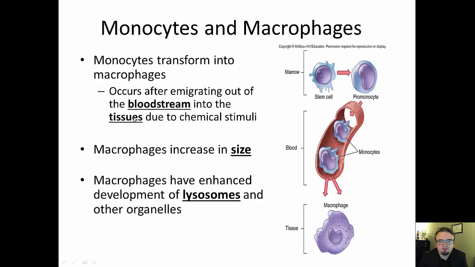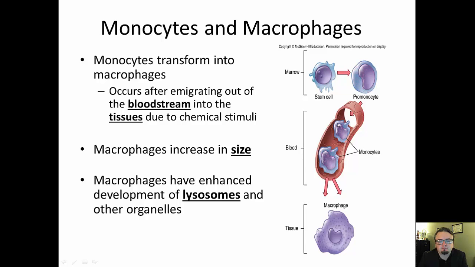And monocytes will become macrophages after they migrate out of the bloodstream and into the tissue. So you have stem cells in the bone marrow, which will develop into monocytes, which travel through the blood, and then ultimately migrate into the tissue for their final stage of development.